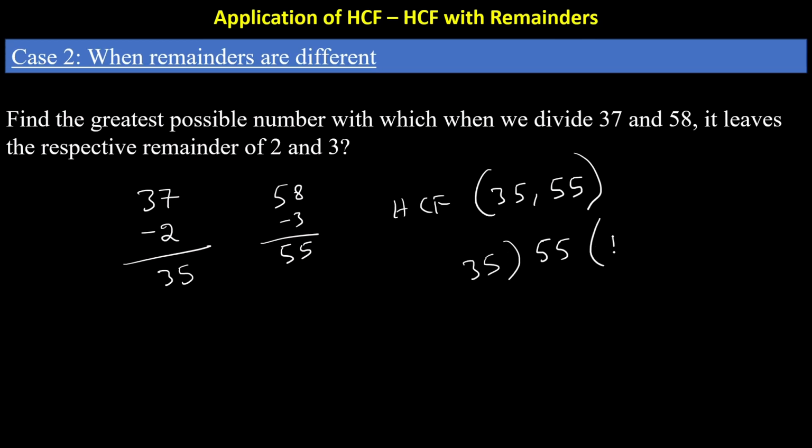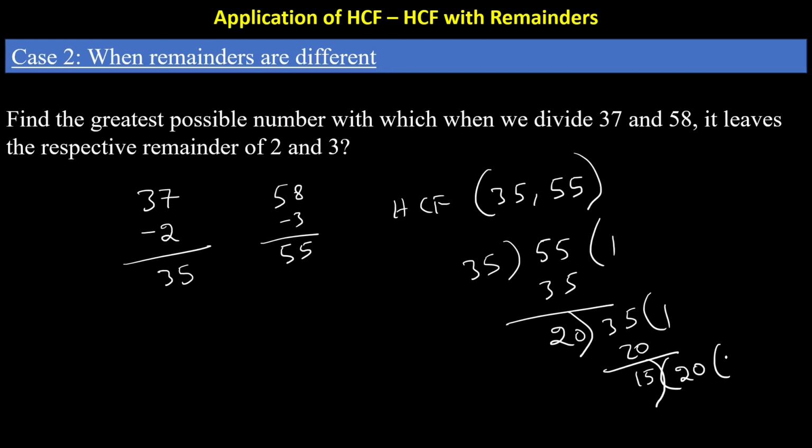So divide with 35 one time, 35, remainder is 20, and here 35 one time, 20, remainder 15. 15 will be the divisor now, and 20, 15 one time, 15, remainder is 5. 15, 5 threes are 15, remainder is 0. So which divisor did I get? 5. So what is the HCF of 35 and 55? 5.